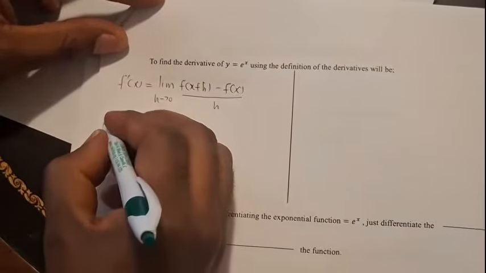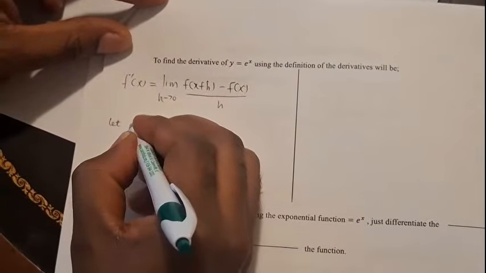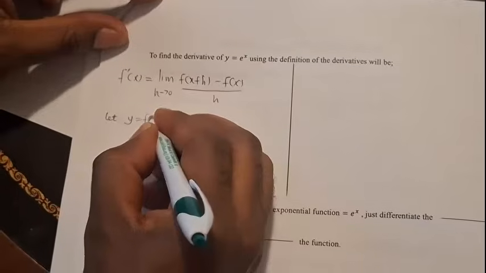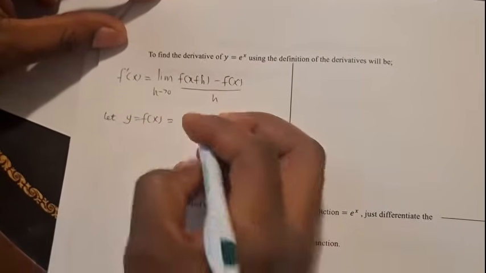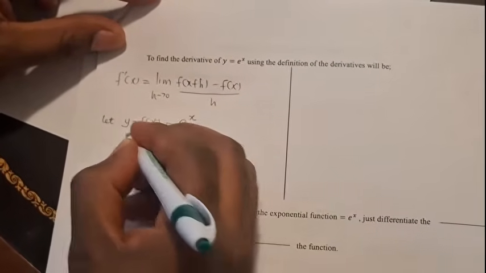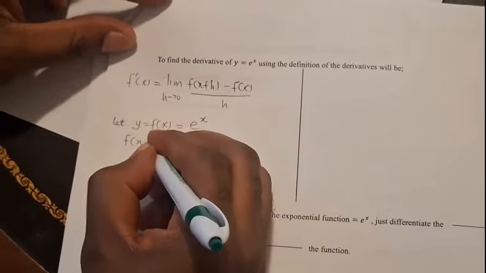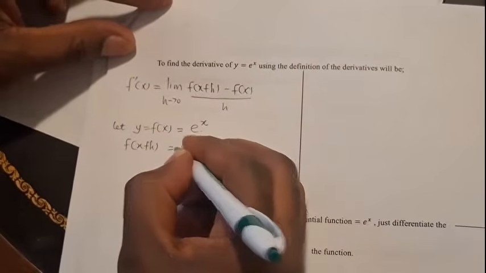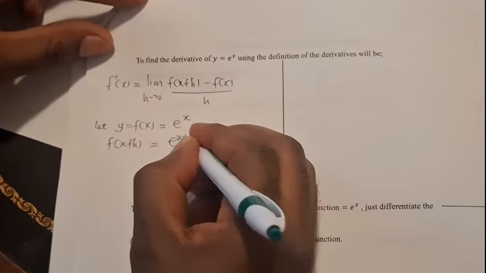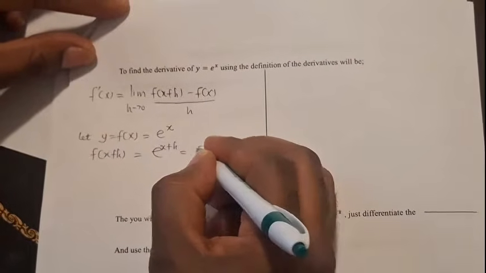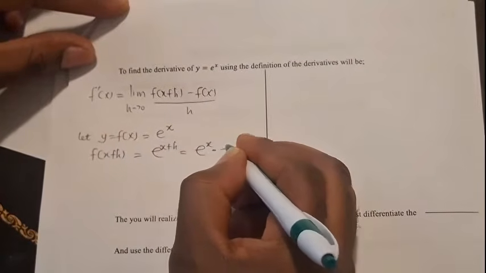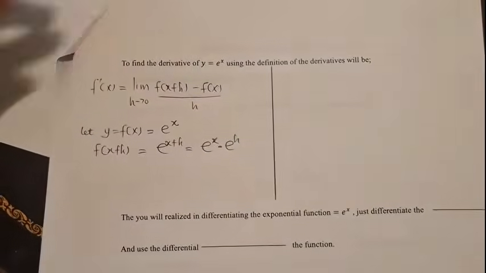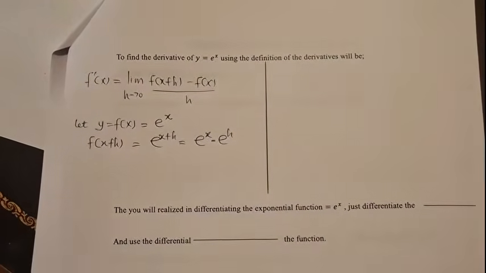So in this case, we'll let our y be equal to f of x equal to e exponent x. Then our f of x plus h will be equal to e exponent x plus h, which is equal to e exponent x times e exponent h using the laws of indices.